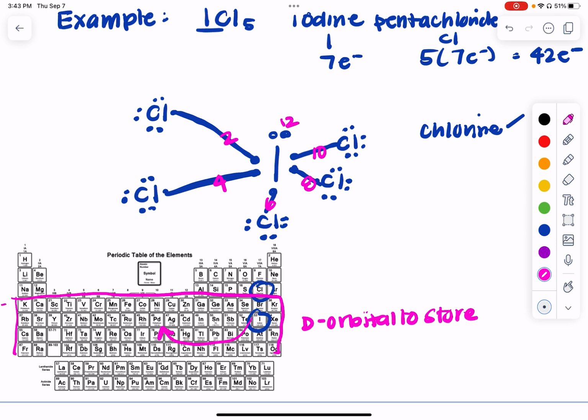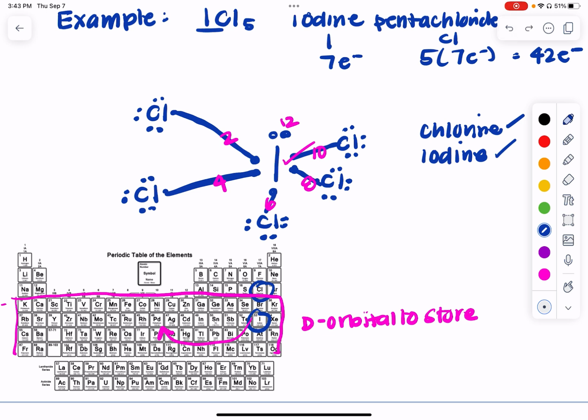So although it's not ideal, iodine having 12 electrons is okay. Again, it's a last resort, but if you need to go over octet, anything with a number bigger than 4 here is probably going to go over octet, and that's totally fine.